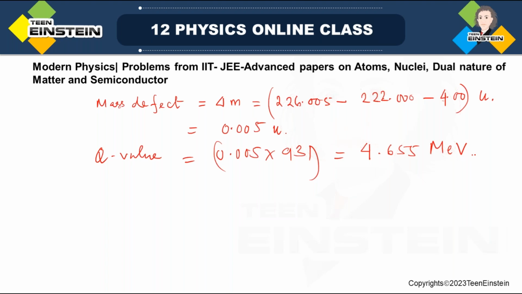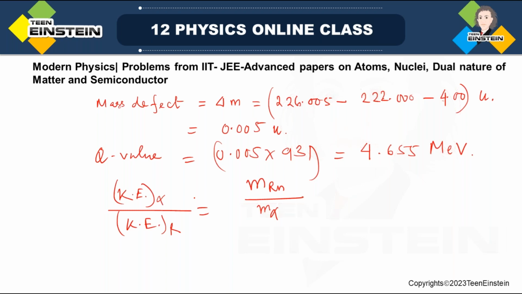Okay, again we know that from the conservation of energy and conservation of momentum, we reach this equation as well. This is already known to us. So suppose the kinetic energy of alpha particle divided by the kinetic energy of the daughter nucleus, the ratio of that can be written as the mass of the radon to the mass of the alpha particle.